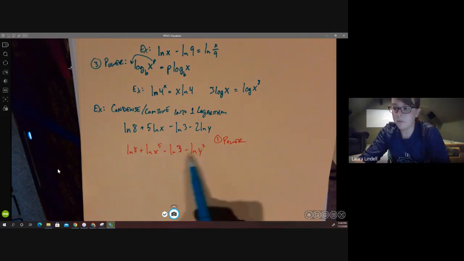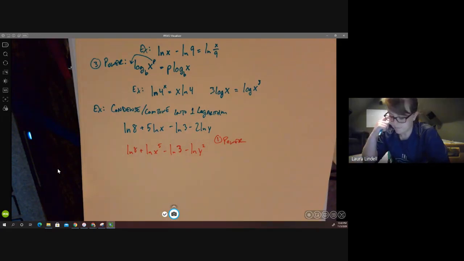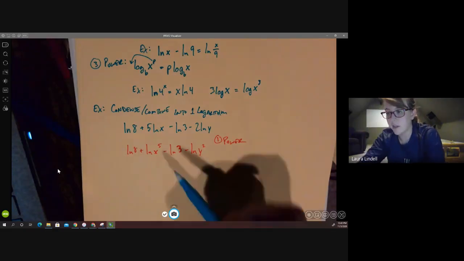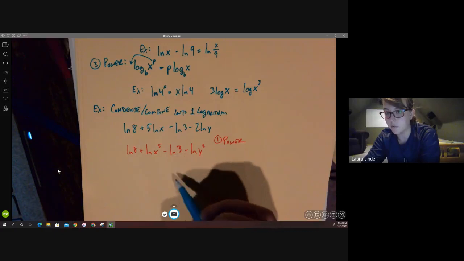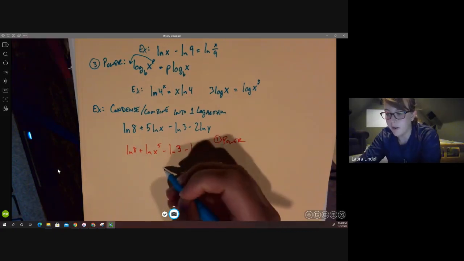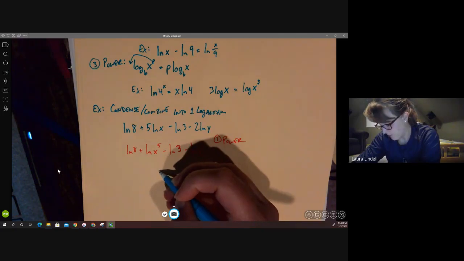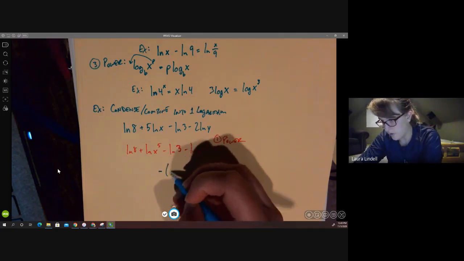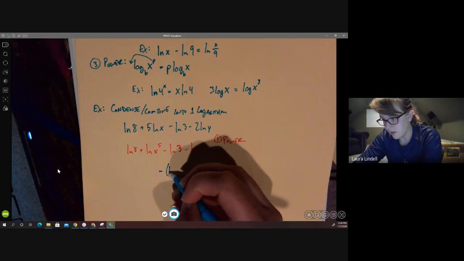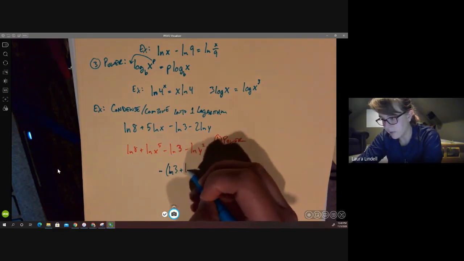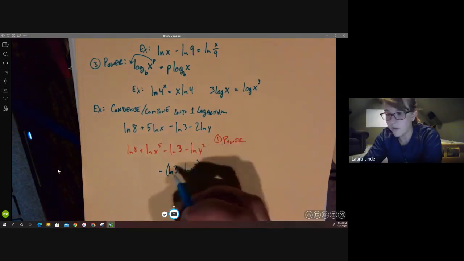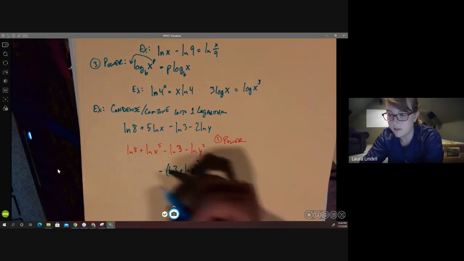Since I have multiple things subtracted right here, I'm going to factor out a negative out of these two since they're both negative, so that it makes it a little bit easier for myself down the road. So I'm going to go natural log of 3 plus natural log of y squared here with the negative out in front.